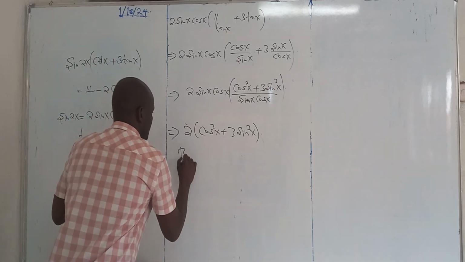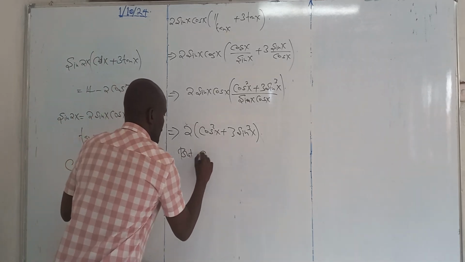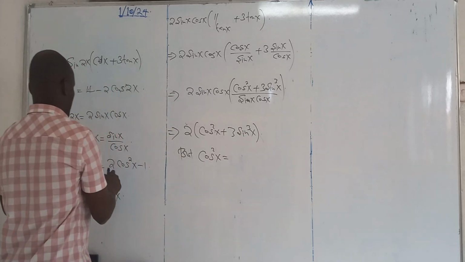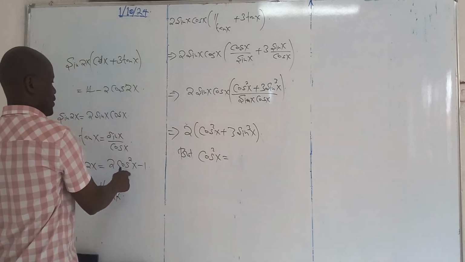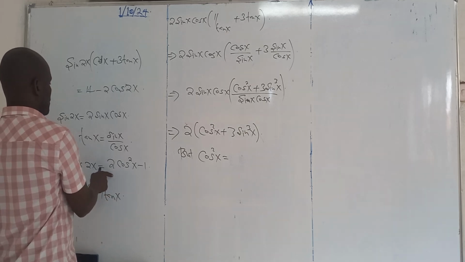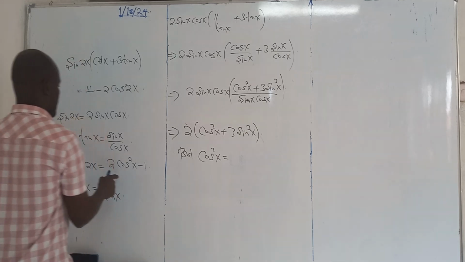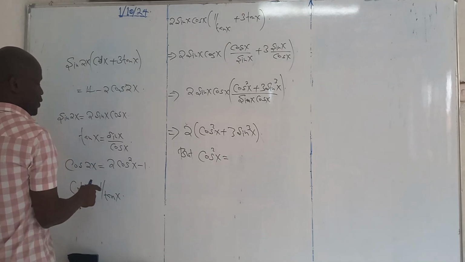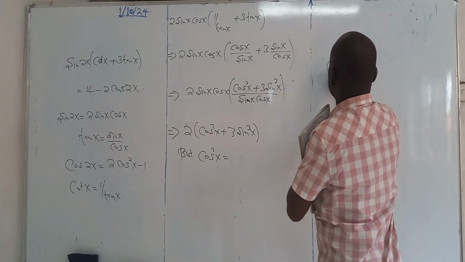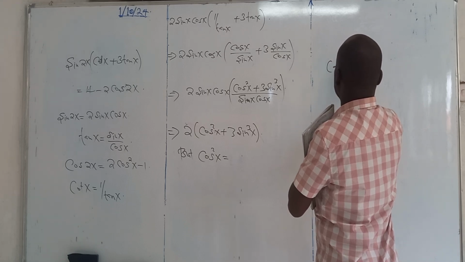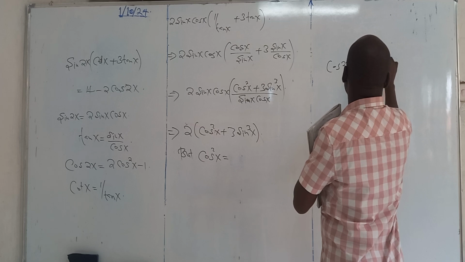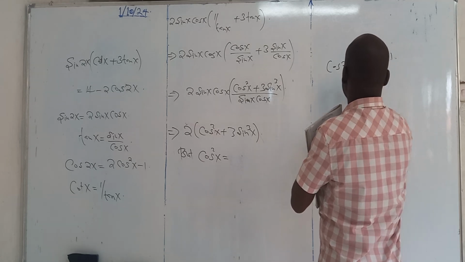But cos squared x, I can make this the subject. If I make this the subject, then I should be able to know what cos squared x is. So let me do that this end. So I know that cos 2x is equal to 2 cos squared x minus 1.